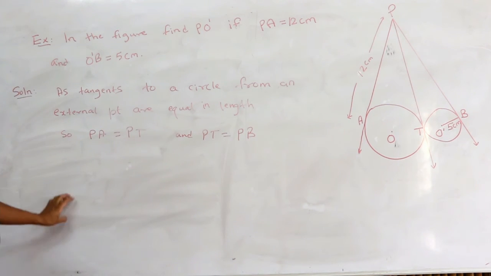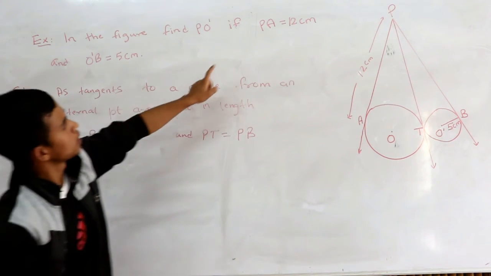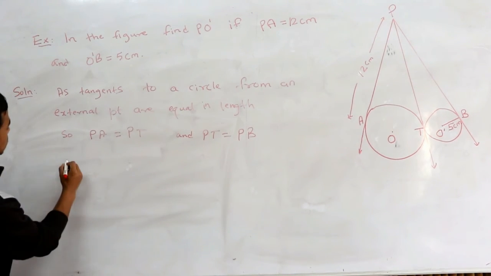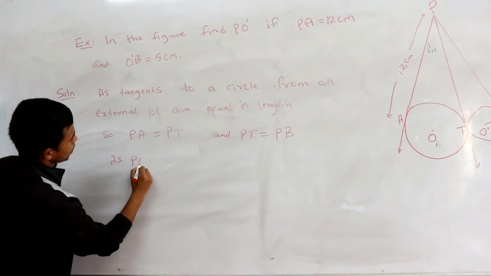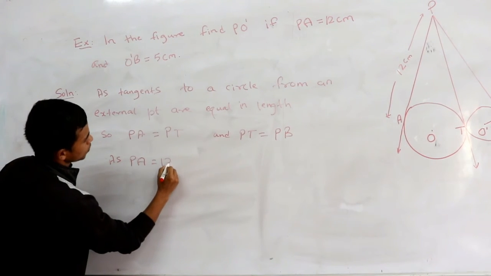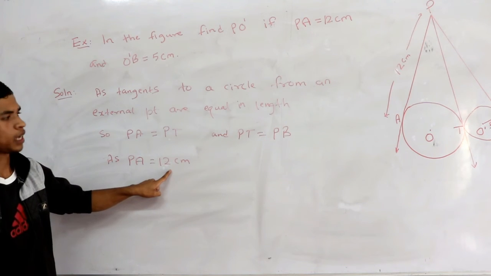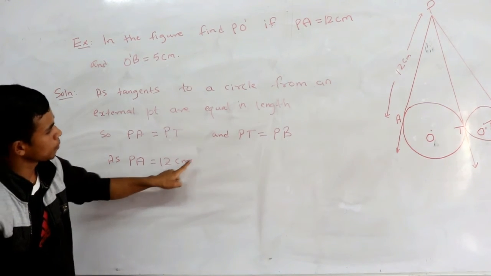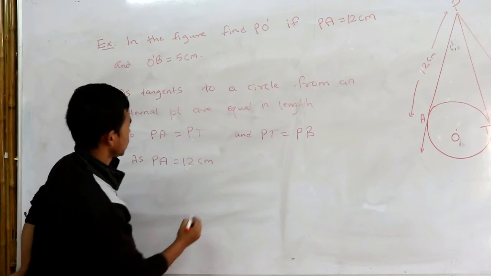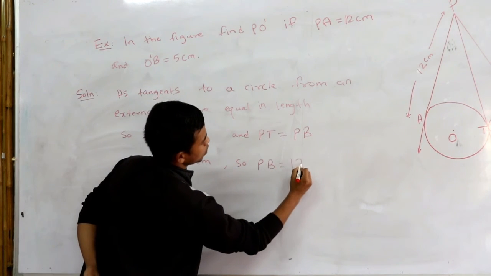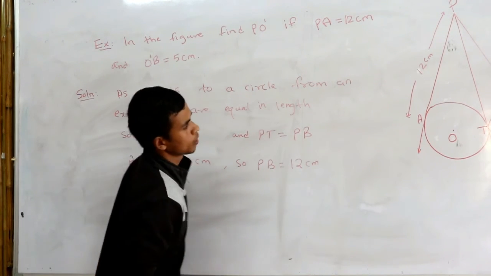And it's given in the question that PA is 12 cm. So as PA is equal to 12 cm, PT will be 12 cm. As PT is 12 cm, and PB is equal to PT, we have PB is 12 cm.